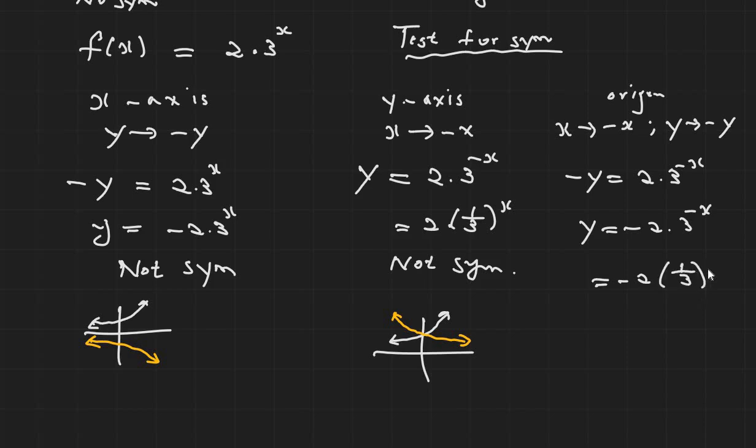I prefer to write it like that because then I know that it's a third that is playing the role here. 3 to the negative x doesn't give me that same feeling as a third to the x. The point is it's also not symmetrical. So this graph has no symmetry.